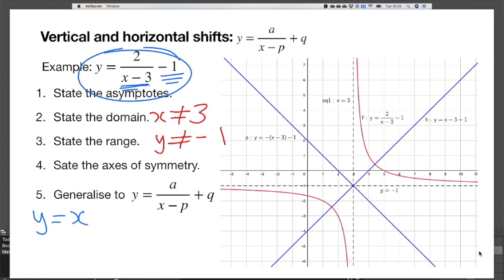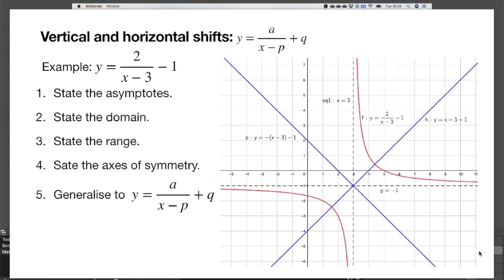And that means we have a -3, because it's a -3 that will define a shift to the right. But that is not all that happened. It was then shifted 1 unit down, which is a -1, which is that one there. If you simplify this, you will get y = x minus 4.